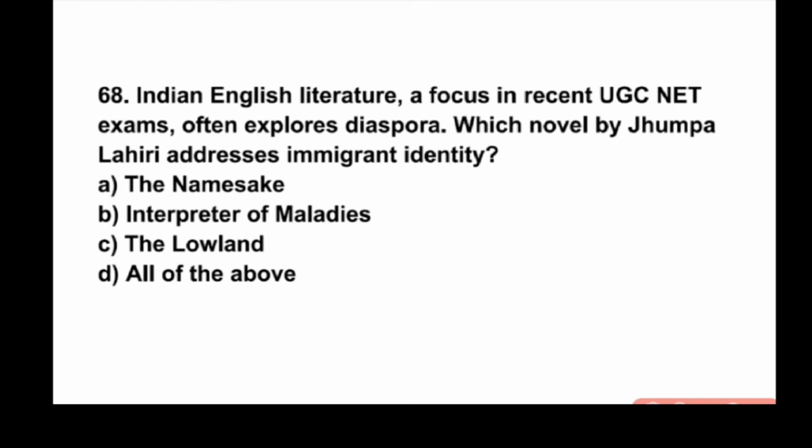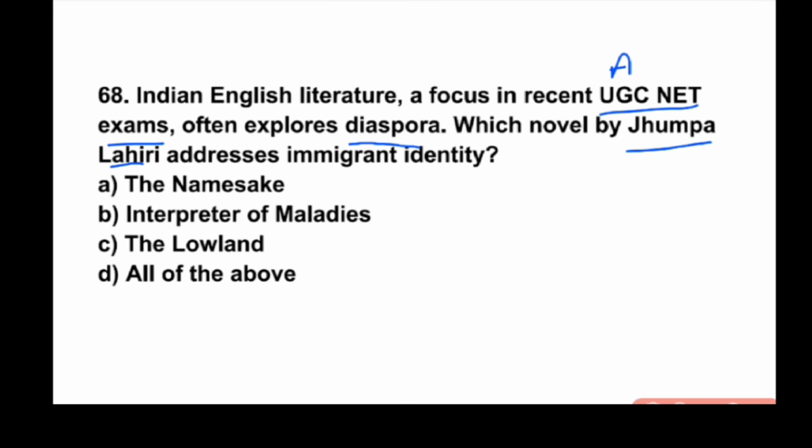Indian English literature, a focus in the All India exam pattern for English literature, often explores diaspora. Which novel by Jhumpa Lahiri addresses immigrant identity?